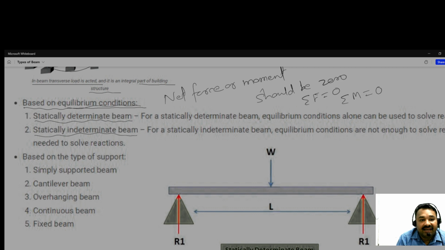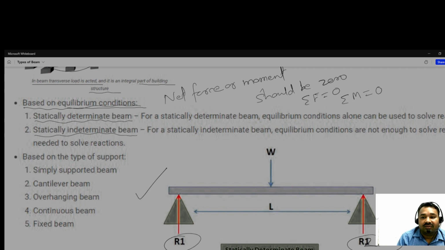So what is statically determinate? For this we can take help of this beam. We can see here how many reactions are there. This is reaction 1 and reaction 2.